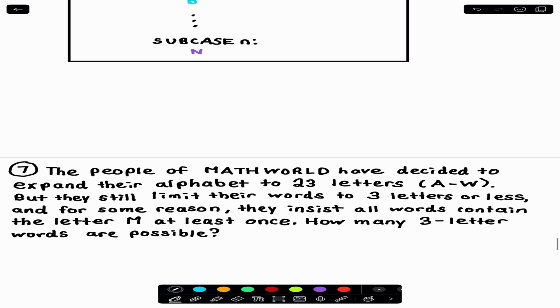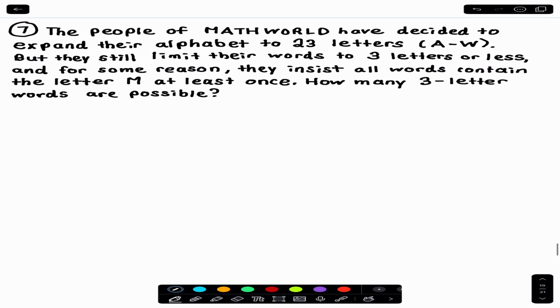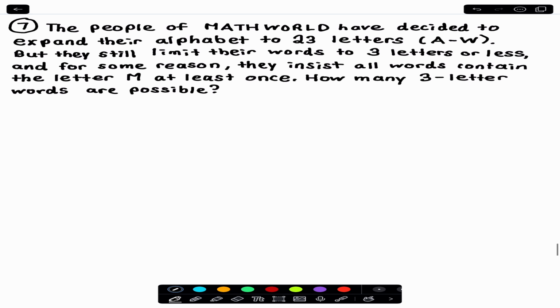So going back to Math World, this time the alphabet has expanded. So it says they've expanded their letters to 23 letters, A through W, but they still limit their words to 3 letters or less. Okay, so still, no 4-letter words are allowed.